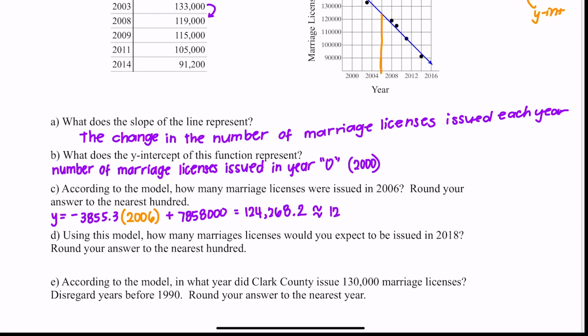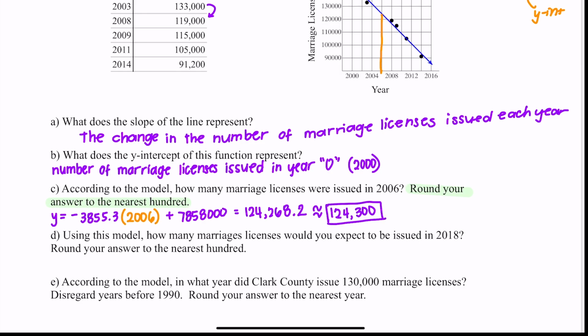And since this is asking us to round your answer to the nearest 100, then we're going to take a look at our answer and go, what's in the hundreds place? And we have the 2 rounded up to 300. So 124,300 is going to be our final answer because we have to round our answer.